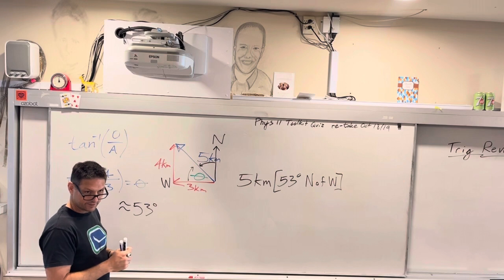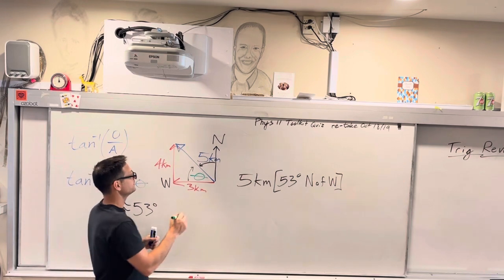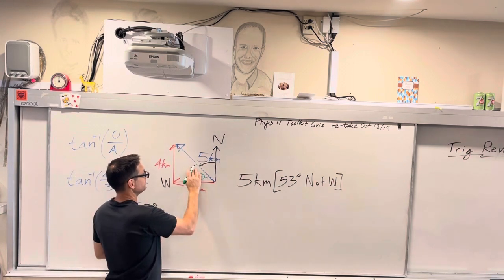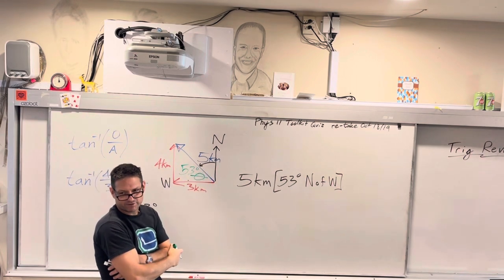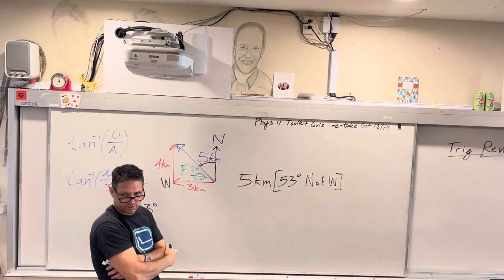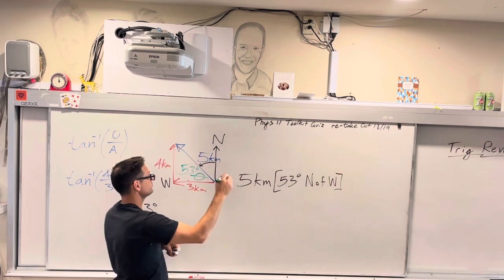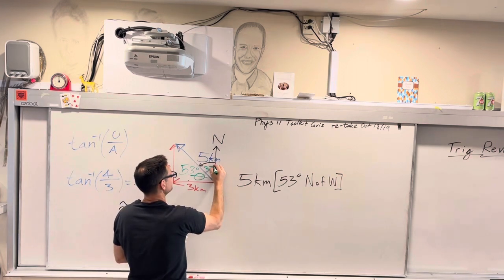Reza. Good, good. This is 53, right? This one is going to be 90 minus 53. What's 90 minus 53? 37. Very good, Sarush. This one is 37.